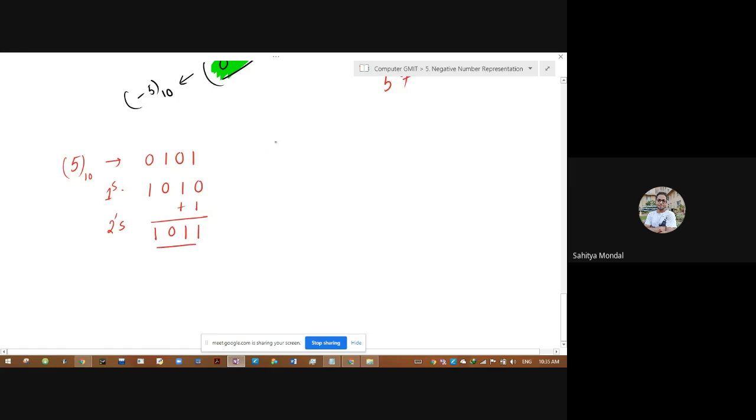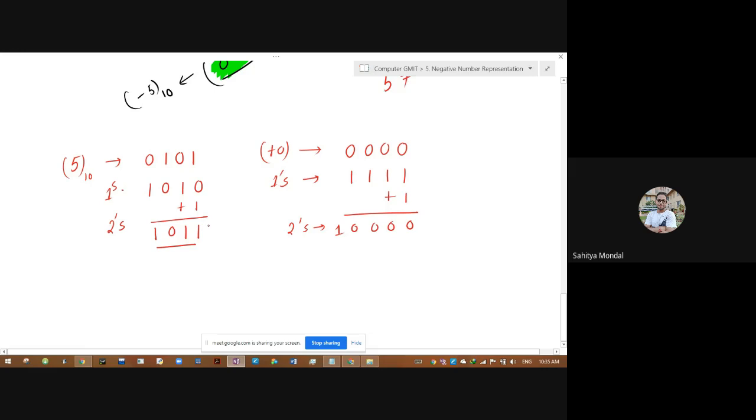And if we are talking about plus 0 in 4-bit representation, it can be 4 zeros. After that, when I convert to ones complement, it generates 4 ones. After that, when I add an extra one to calculate the two's complement, what do I get? 0 0 0 0 and this one.